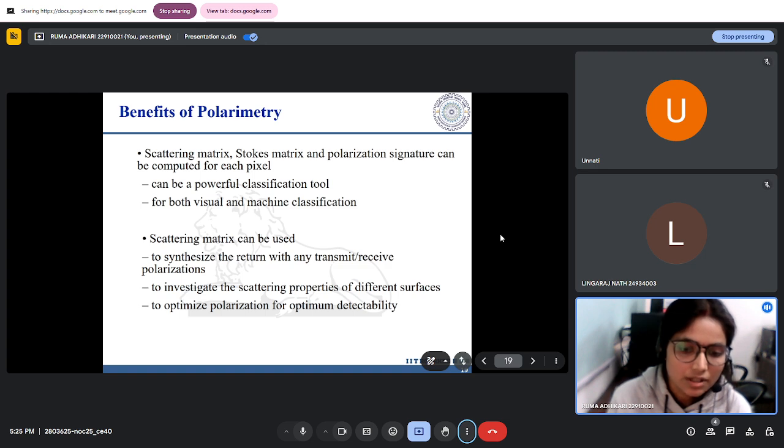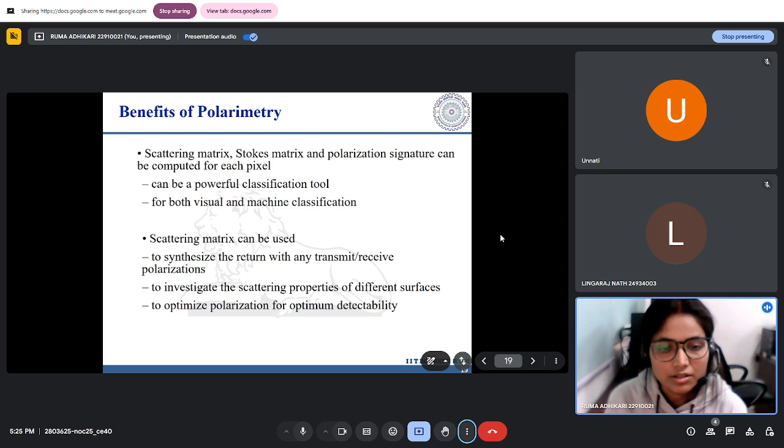Then we receive that signal back. So now the received signal has the characteristics of the target. It has some change due to hitting the target. Now with that received signal we will see how much it is polarized. So you can see it that way, that it is a filter.